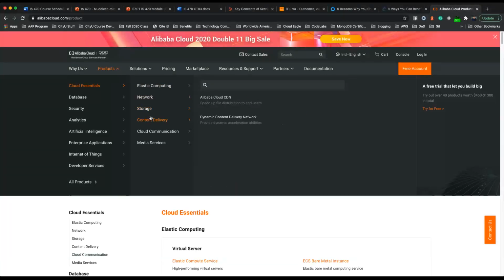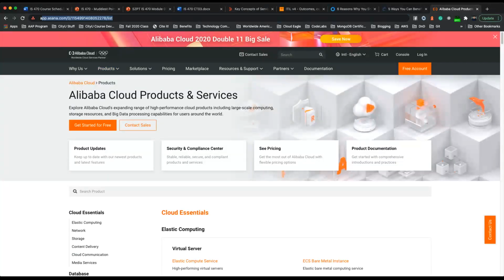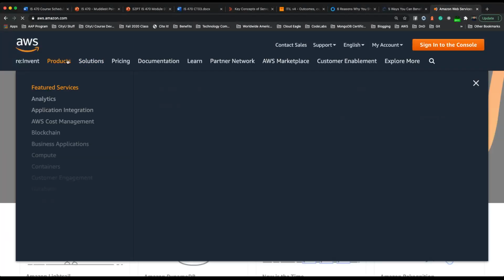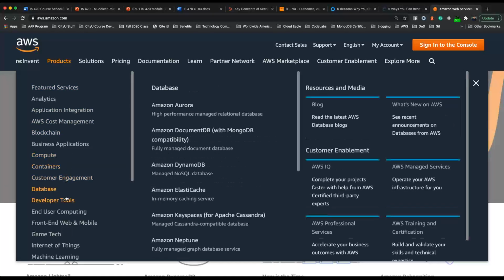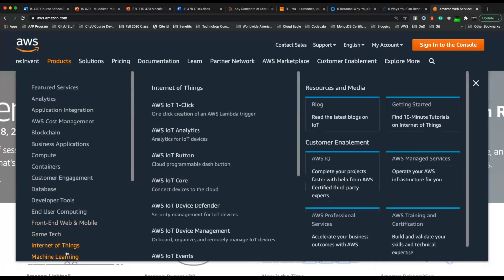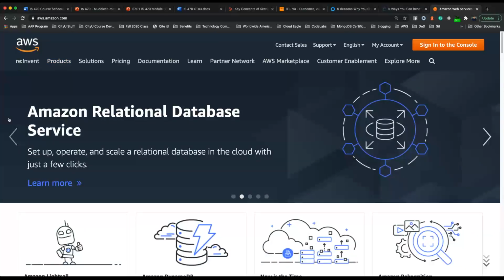And you can see a lot of services. And we can go to Amazon Web Services, and it could give you a lot of products, right?